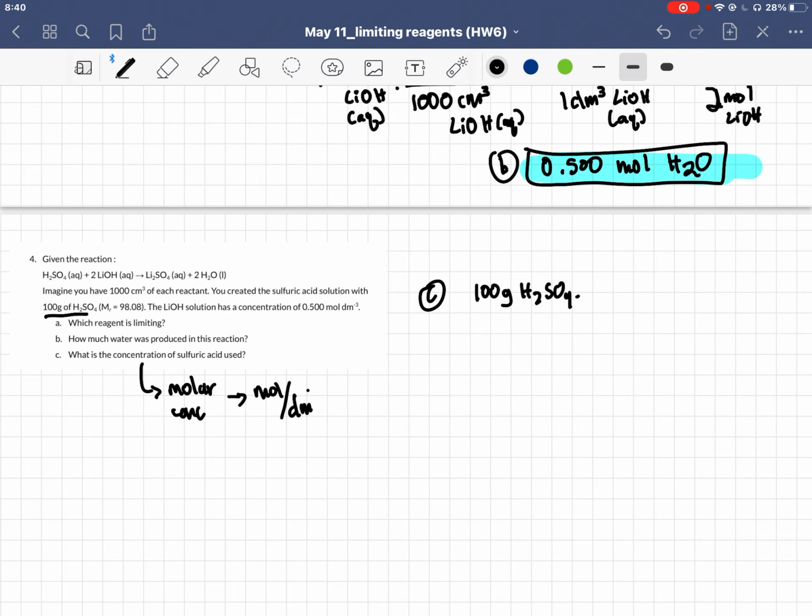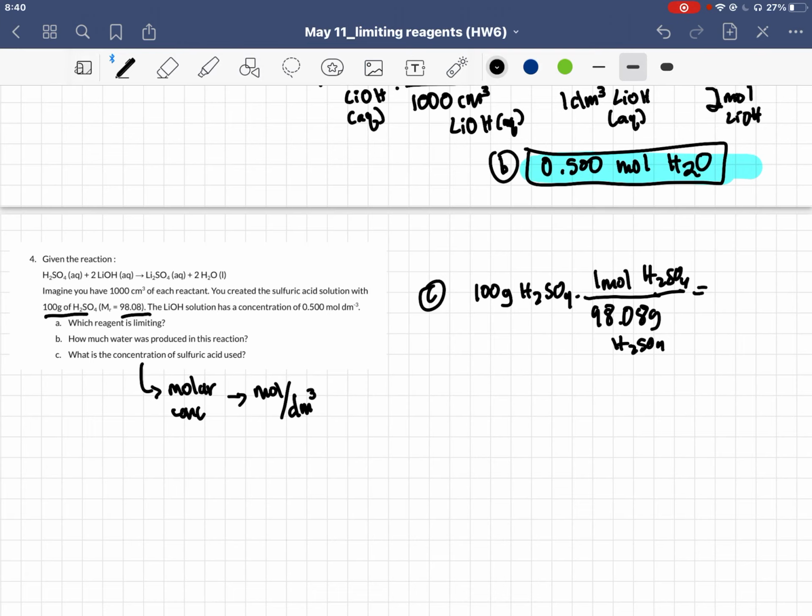Sorry about that. Moles per decimeter cubed. I have the grams of H2SO4, so I can convert to moles using molar mass. Very similar to what I did above. 1 mole H2SO4.